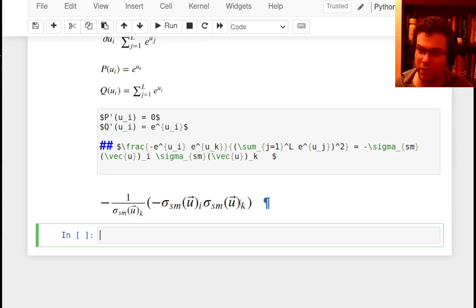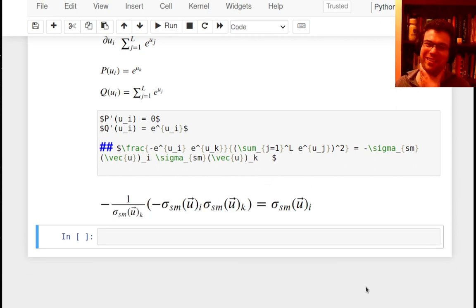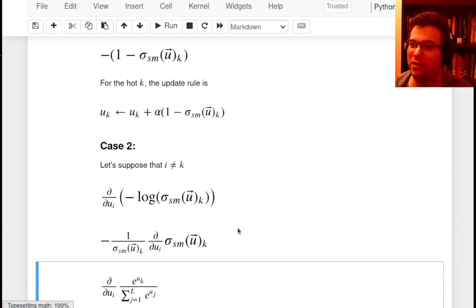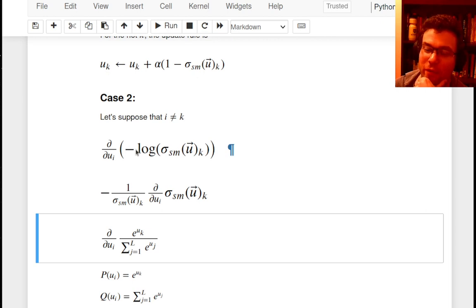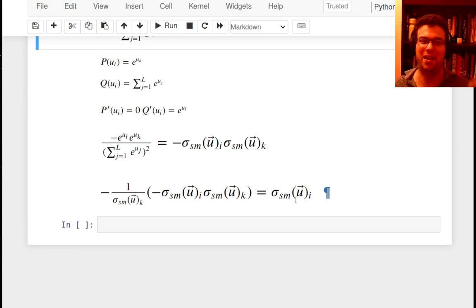So the softmax evaluated at k is going to cancel out, and actually the negatives will negate each other. And so I'm just going to be left with the softmax evaluated at i. That's it. So this whole thing, the derivative of the binary cross entropy with respect to ui, actually is just the softmax at i.